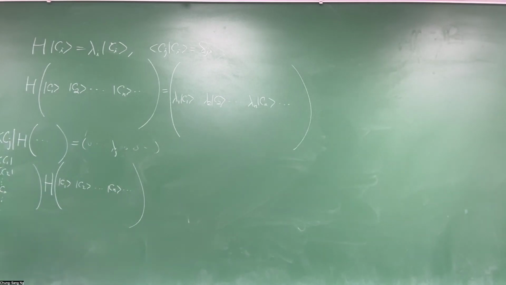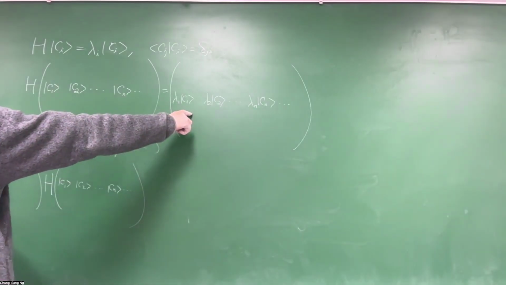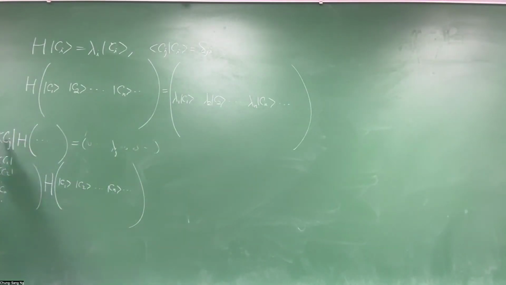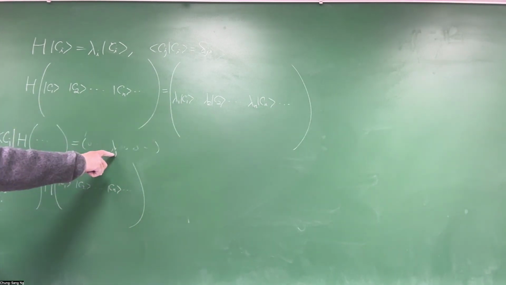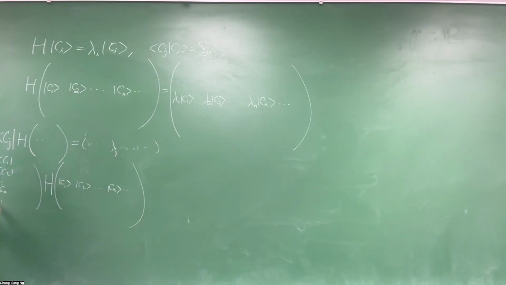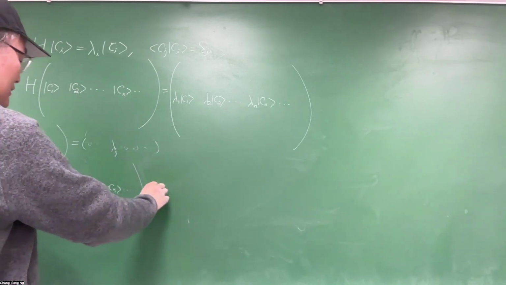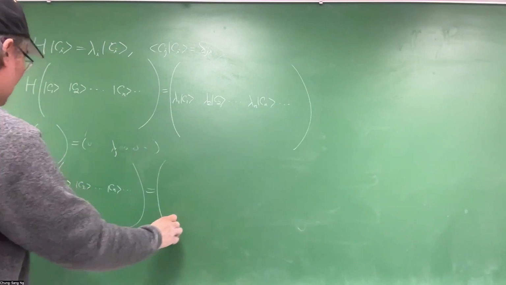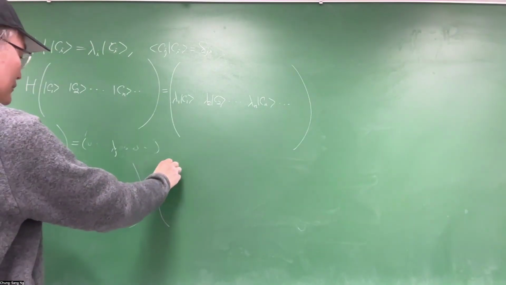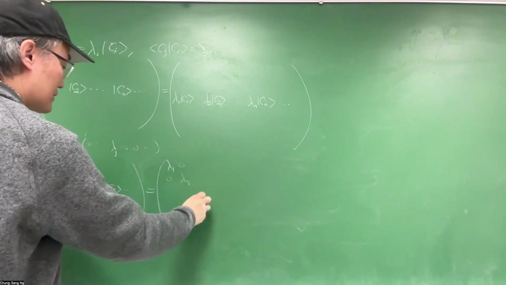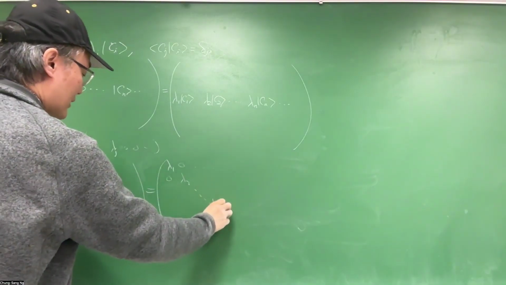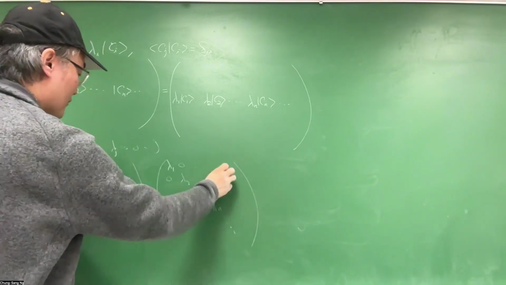Using the orthogonality property, each row multiplied by each column gives you just one value, and that gives you a diagonal matrix: lambda 1, lambda 2, up to lambda n on the diagonal, and the rest are all 0.